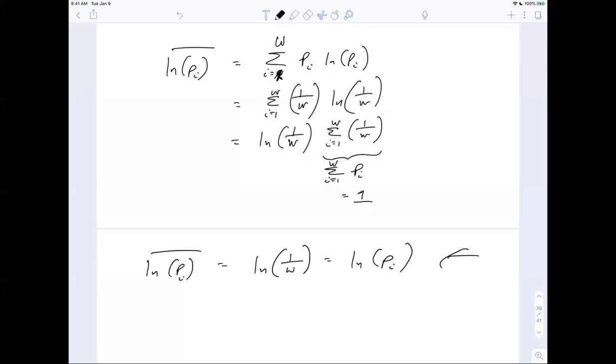We said P sub I is just 1 over W, so for all of the states it's the same. It's like if you had 5 data points and each data point was 10: 10 plus 10 plus 10 plus 10 plus 10 divided by 5, you're going to get 10. That's your average.